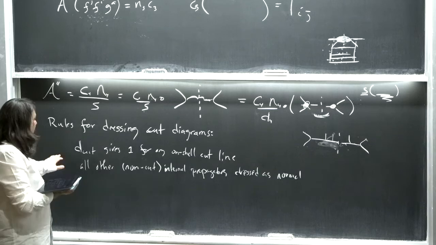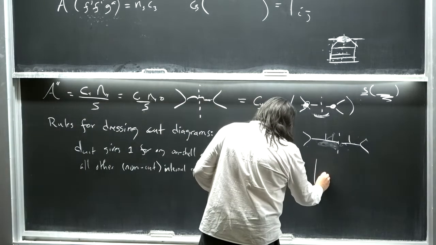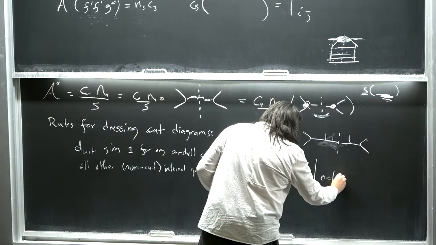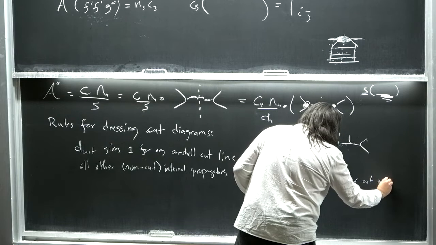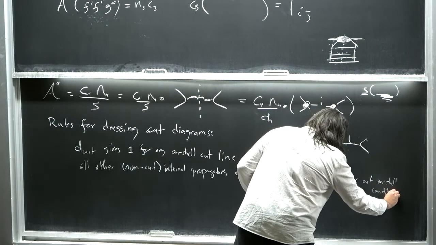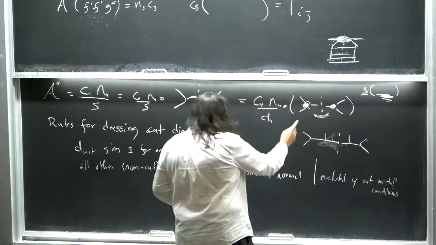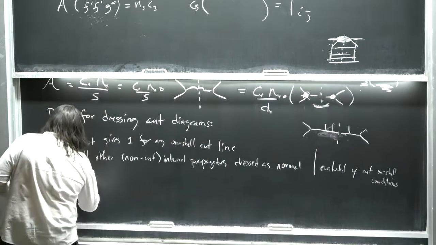All right, dressed as normal, but evaluated with cut on-shell conditions. I'll say more about what that is in this particular case in a second. Let me just say what happens to the numerator.